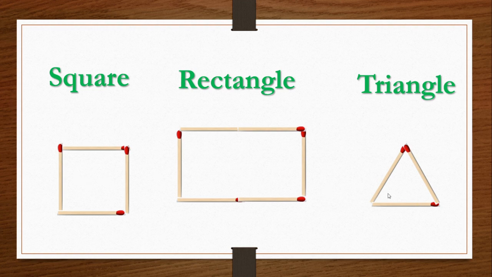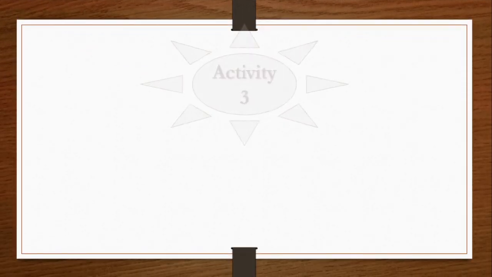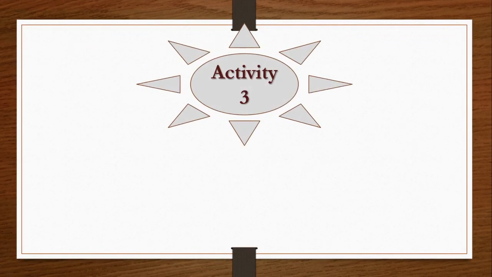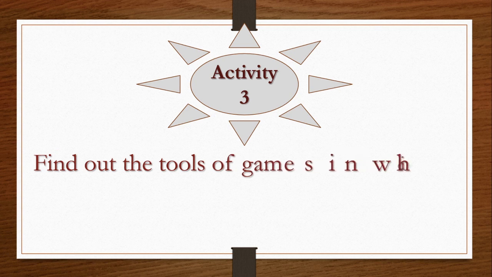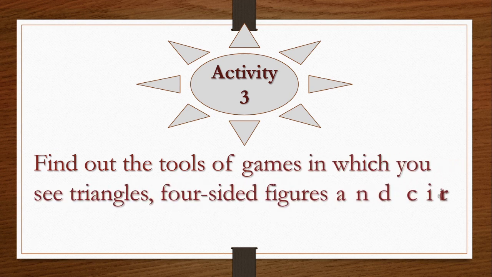All the three figures are closed, right? Now here you can see activity number 3. Find out the tools of games in which you see triangles, four-sided figures and circles.